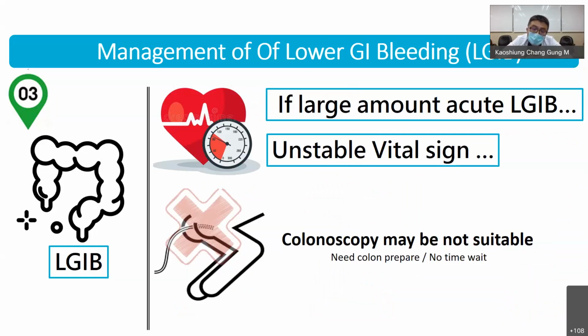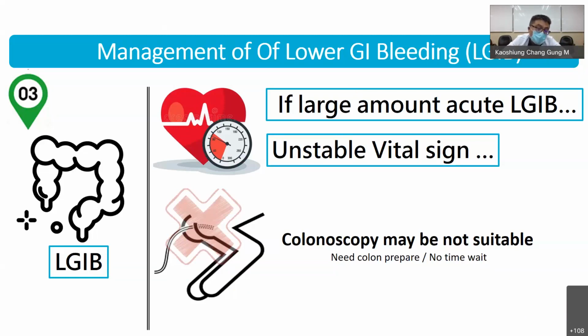How about the management of lower GI bleeding? If patients have a large amount of acute lower GI bleeding with unstable vital signs, maybe colonoscopy is not a suitable tool for it, even though colonoscopy is more accurate and more useful.